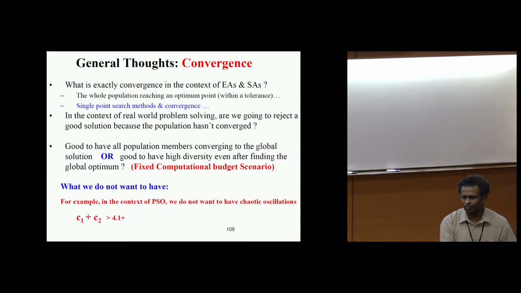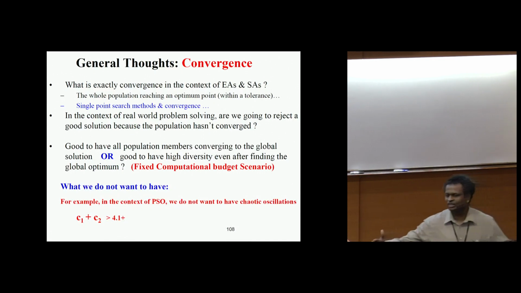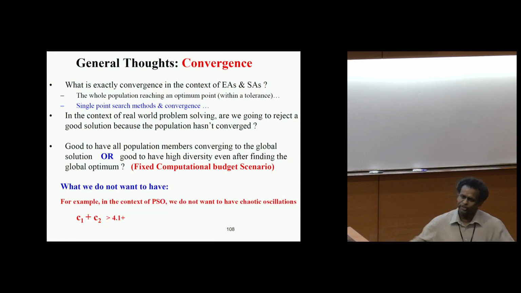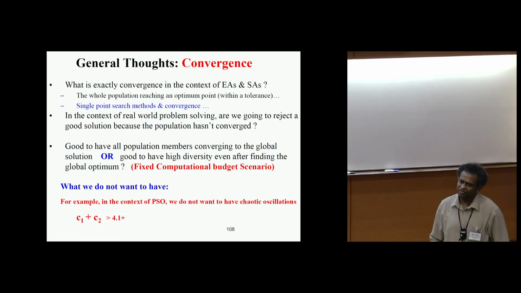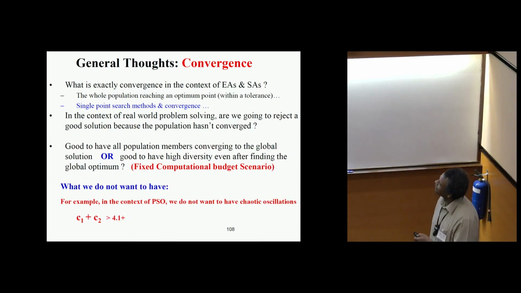When you are solving a real world problem with optimum unknown to you, most of the time you would say, no, I don't want to allow the algorithm to converge in 10,000. I have this much budget. I'd like to continue to search. But within 10,000, you may have the real solution anyway. So can you maintain the diversity even after finding the good solutions? That is what you should look for with evolutionary algorithms.